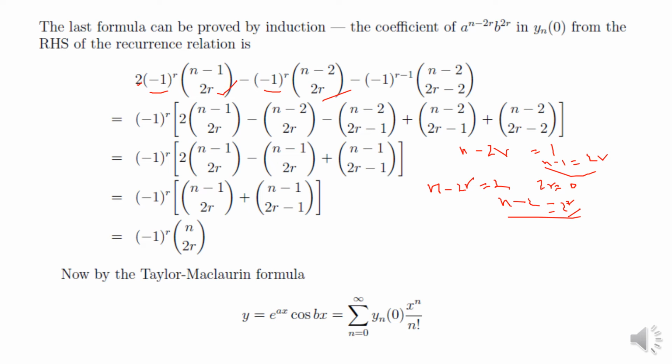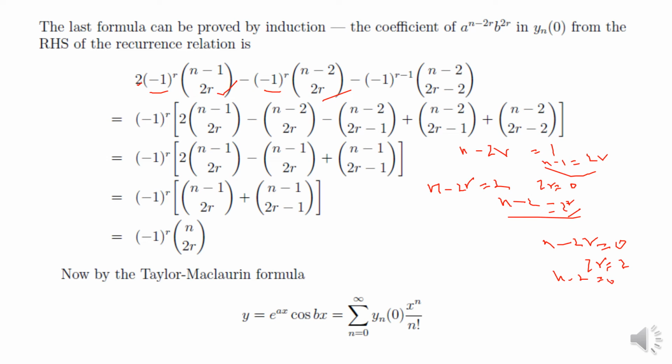Now the third term: n minus 2r is equal to 0 in the third term. n minus 2r is 0 and 2r is 2, because n minus 2r is equal to 0 as no term of a is there, but from b to the power 2r, 2r is equal to 2.